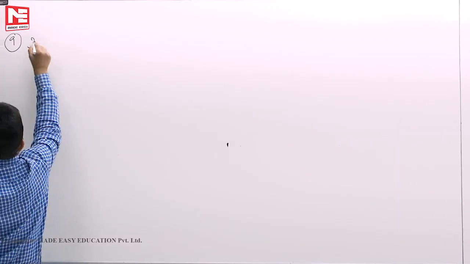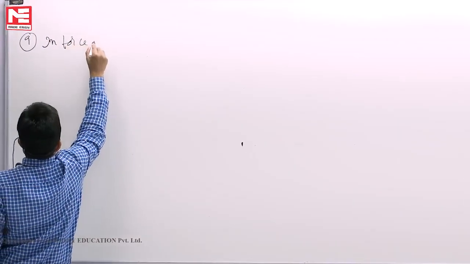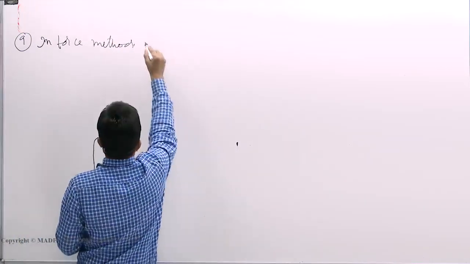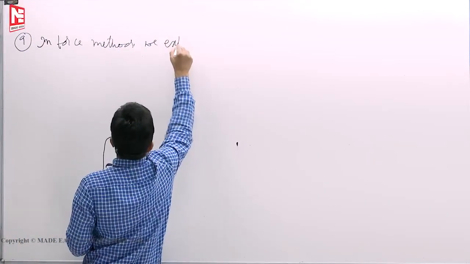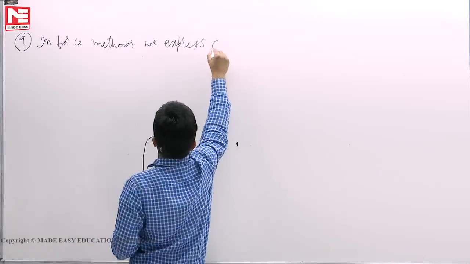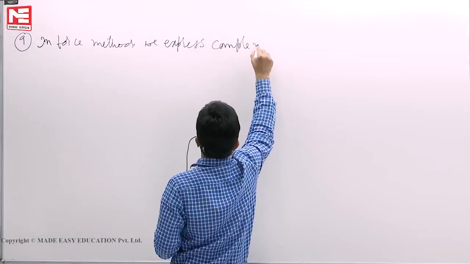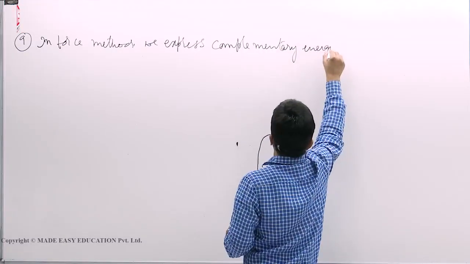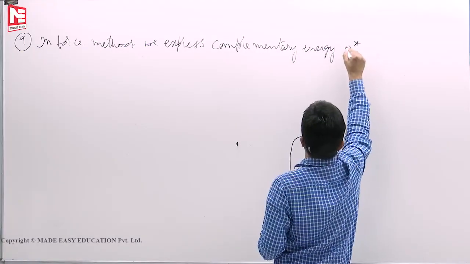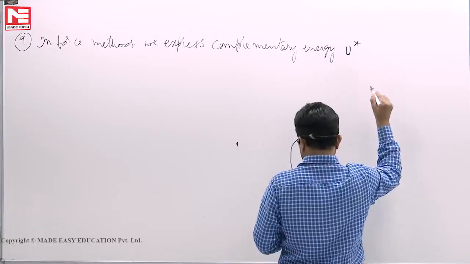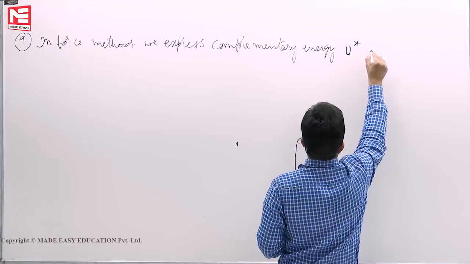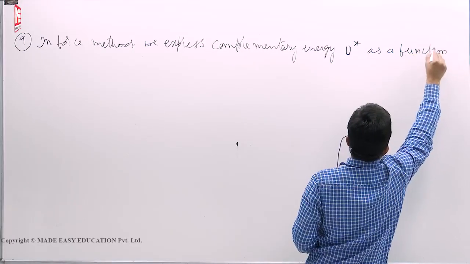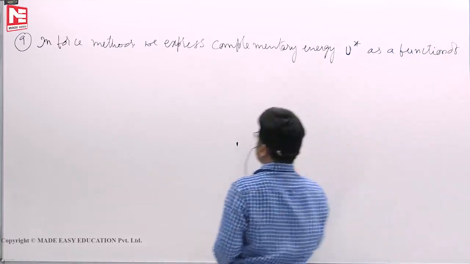In the force method, we express complementary energy U star as a function of redundant forces.